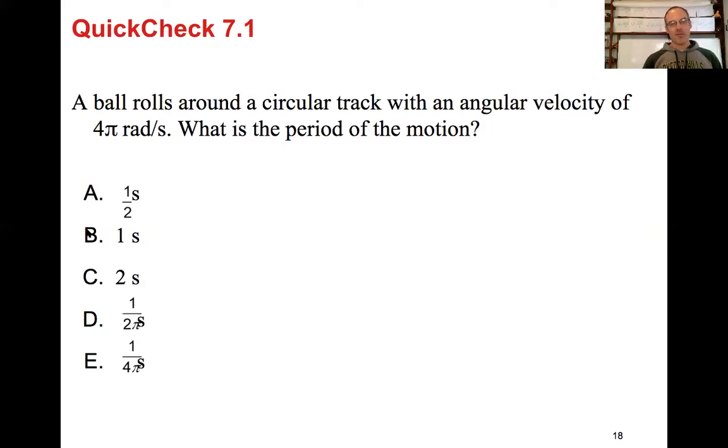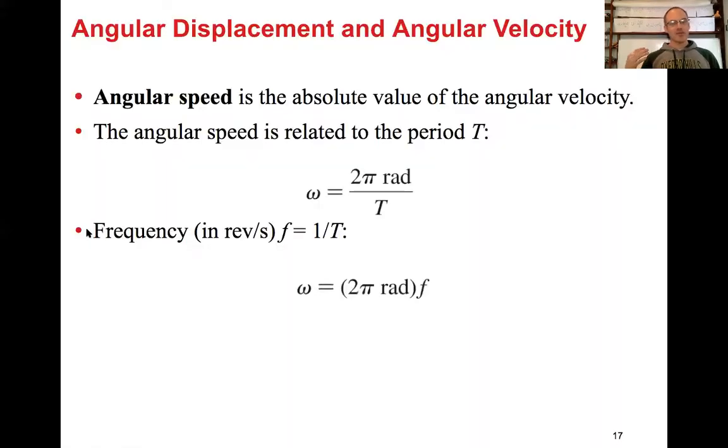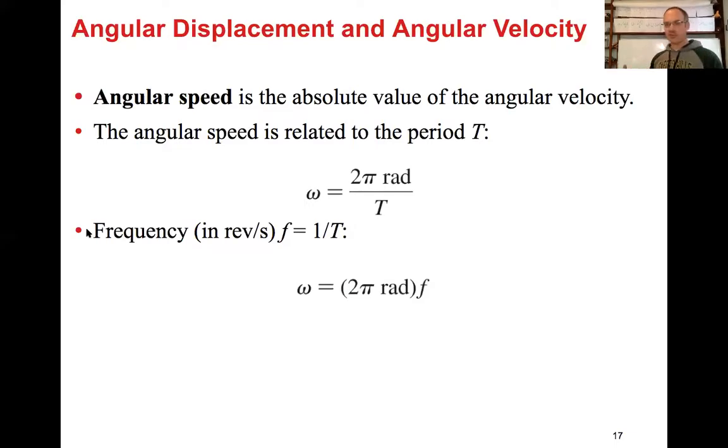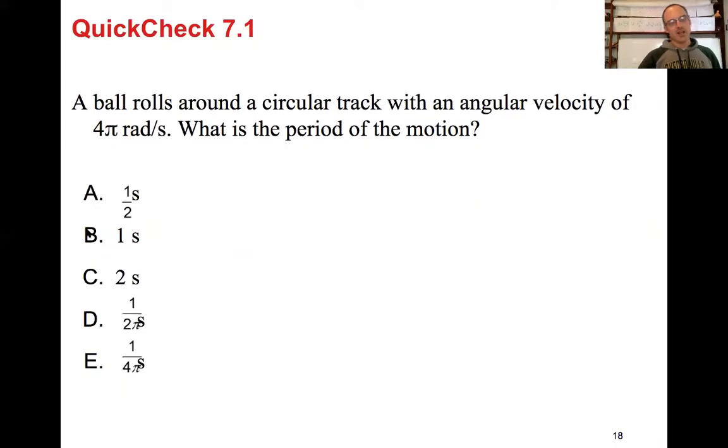If you remember from the previous slide, if we know the frequency and the angular velocity, then you can use that to find the period, because the relationship between frequency and period is always inverse, right? So in this case, since it's 4 pi radians, how far around is that?